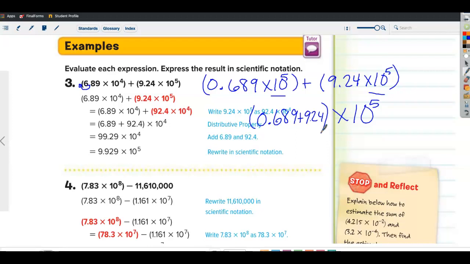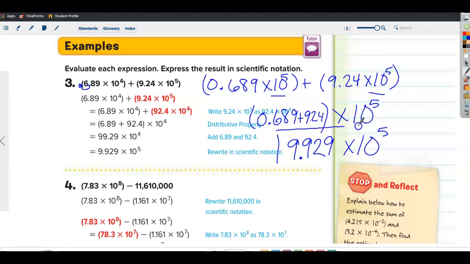Haley, what do you get? Nine point what? 9.929 times 10 to the 5th. Is that in scientific notation? Yes. Okay, so then you'd be done.